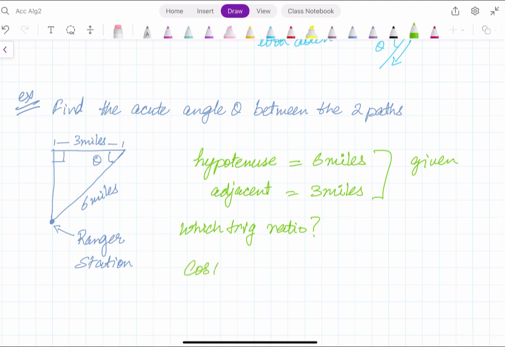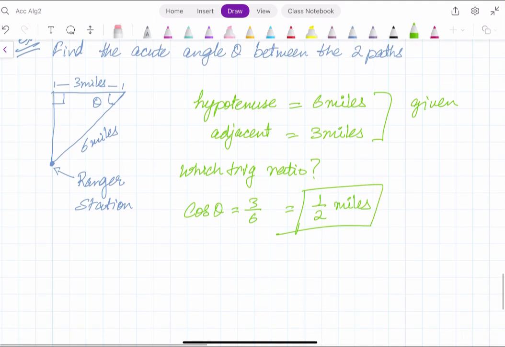So the trig ratio is cos theta. And what is cos theta? Adjacent over hypotenuse. So my final answer will be 1/2. And that is our final answer. And to find the angle, you can take the inverse using the calculator.